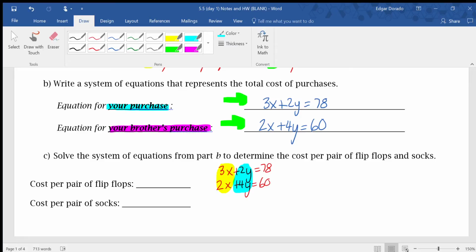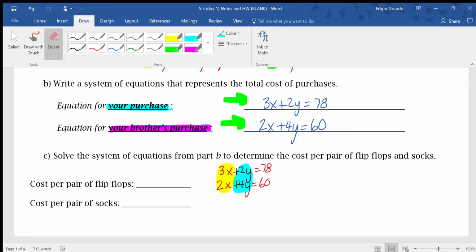So more than likely we're going to have to multiply one of these equations. Then you ask yourself, are any of these already a positive and a negative? Well, the two x's are both positive and the two y's are both positive, so no hint there. But now you have to ask yourself, can I turn the smaller of the two variables into the higher of the two variables?